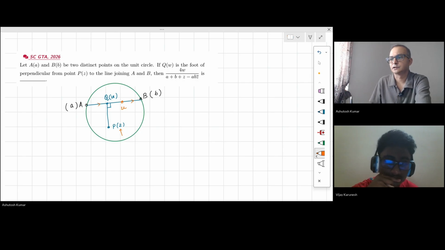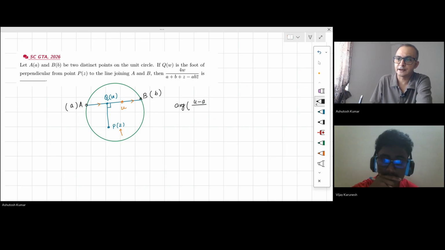In this direction. So what we understand is that the argument of U minus A divided by B minus A is 0.